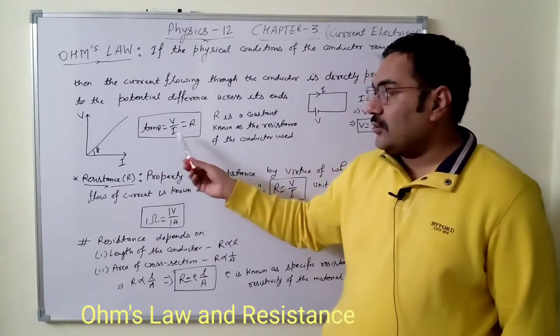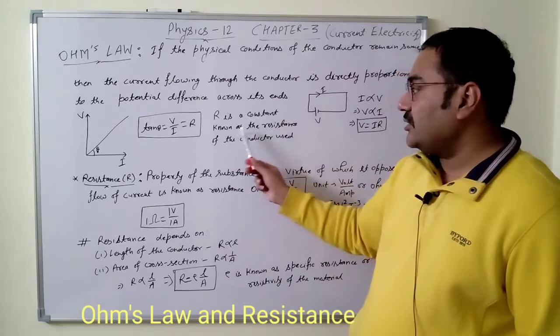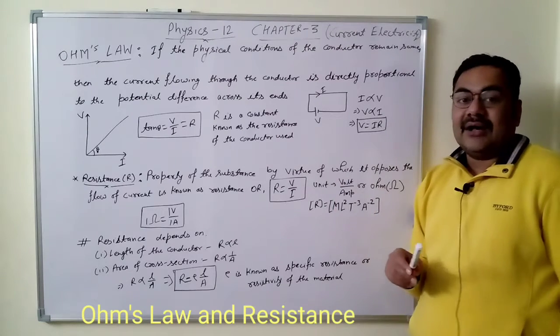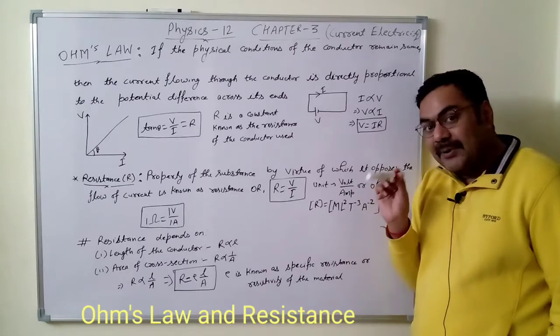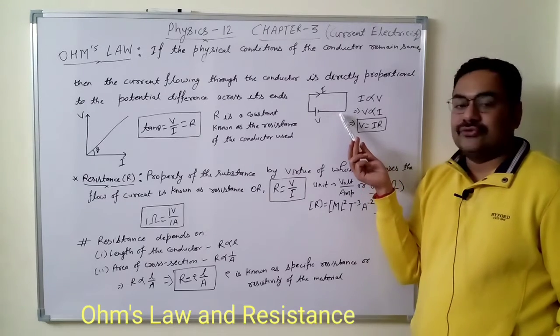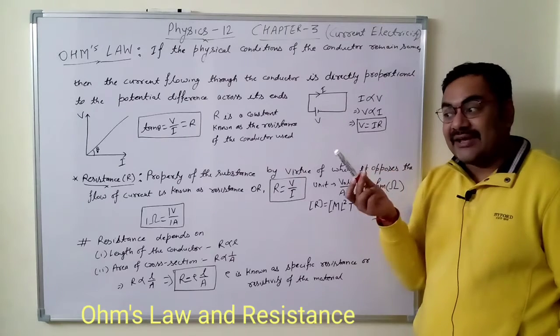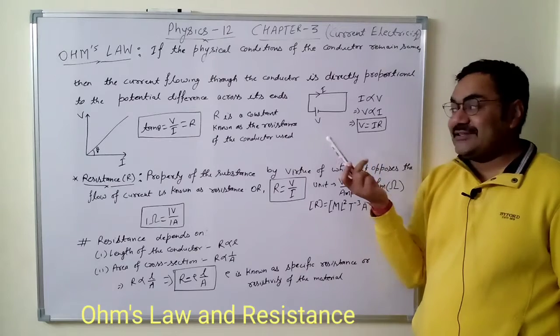And now we are starting with the term R. R is a constant known as the resistance of the conductor used. R is the resistance of that particular conductor, that particular wire used. It's not that you have taken a wire of copper and for all copper wires the resistance is the same.